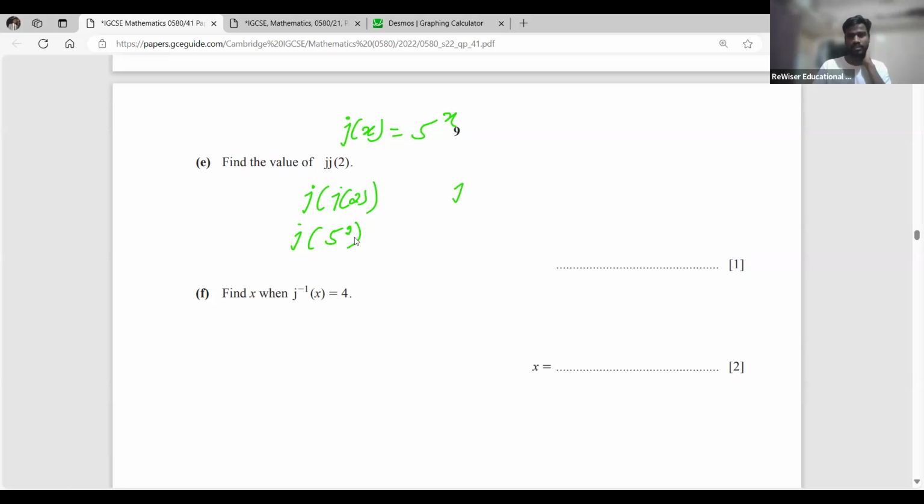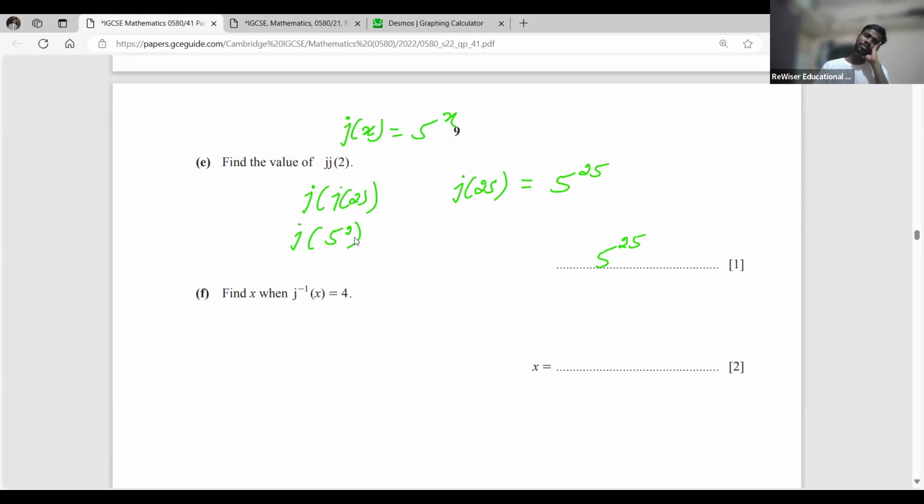So then we have this j of 25, which can be written as 5 power 25. So we don't have to solve this because it would be a very, very large value. So we can just leave it as 5 power 25.